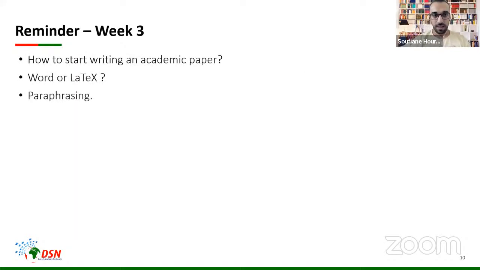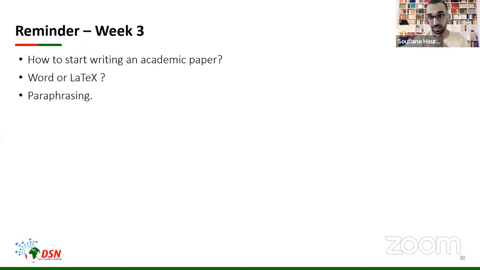So in week 3 we've seen how to start writing, or what to do before starting to write the research paper. We said that we can, for example, start by writing in Word files, and after that we gather and put the parts together in order to write the whole paper in LaTeX form.